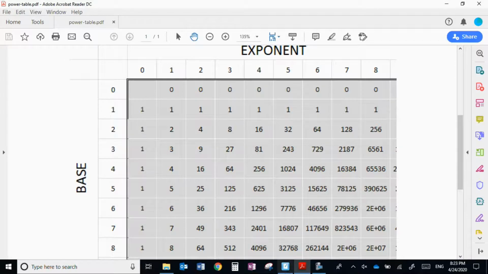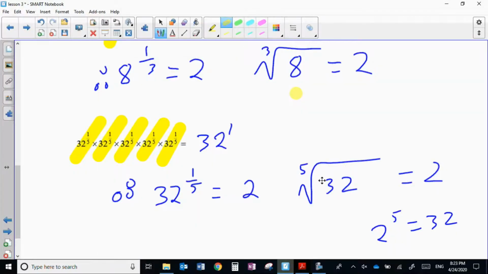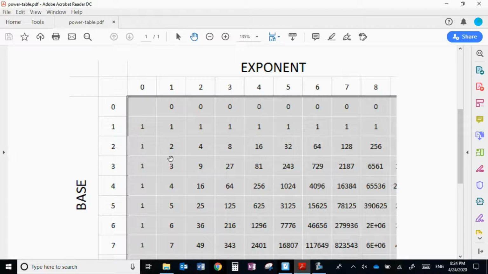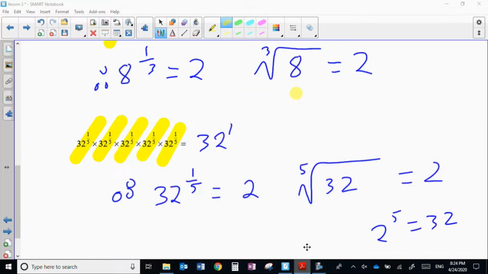So often when you're dealing with radical expressions, you might see something underneath the root sign and then go to the powers table and see if it's anywhere in the powers table. Oh, there's a 32. Look, 32 is 2 to the power of 5. Oh, so the fifth root of 32 is equal to 2. So that's where that powers chart is useful. It's a little easier than using a calculator even in some cases.